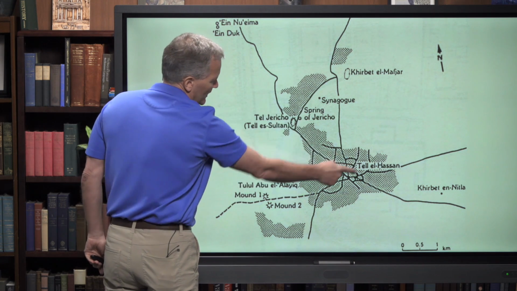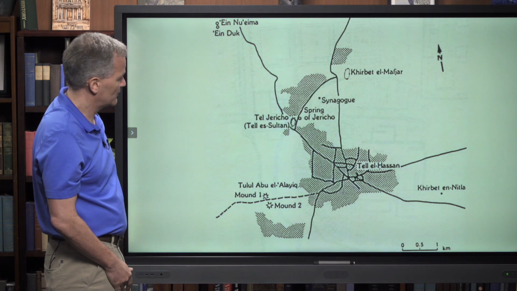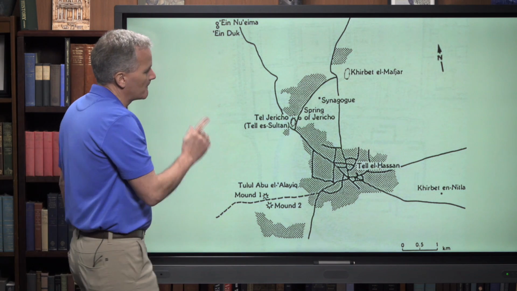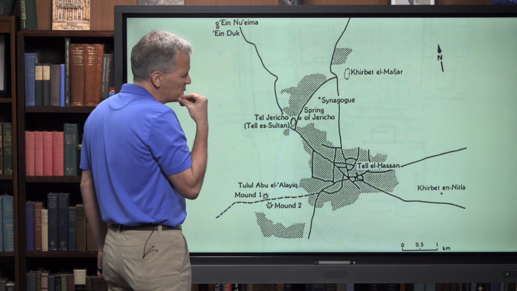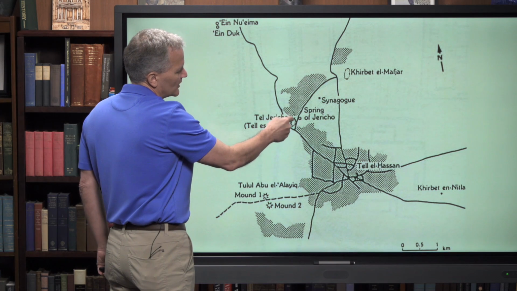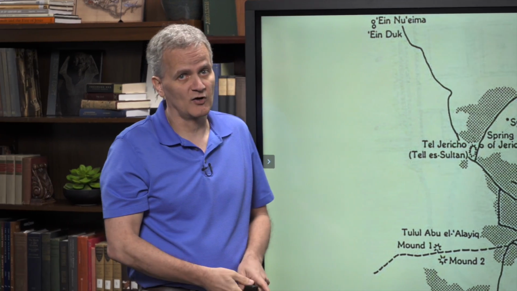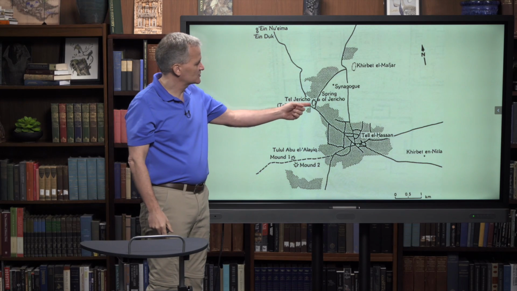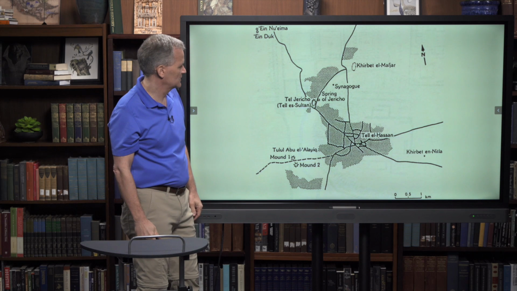So you see quite a number of areas here that are all part of Jericho. But in contrast to that, Old Testament Jericho is minuscule by comparison. That oval right there represents all that is Old Testament Jericho. That's it. It's a very small site in contrast to the way the city would have looked in New Testament times.